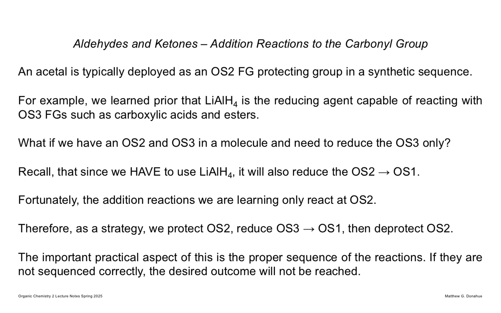You can then reverse the reaction and take those two sigma bonds back to the starting carbonyl. So really the take-home message about this is when you're thinking about long sequences of reactions, sometimes you have functional groups that are incompatible with one another. So you have to protect something so you can do a reaction somewhere else and then deprotect your original site.